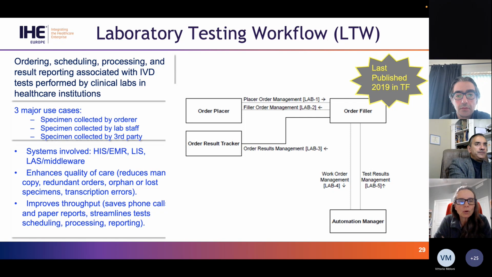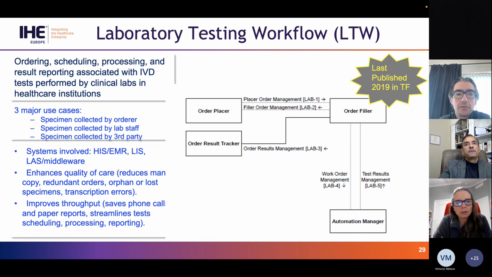So the systems involved here are the EMR or EHR system on the provider side, the LIS system on the lab side, and any lab automation or middleware that is used inside the lab.